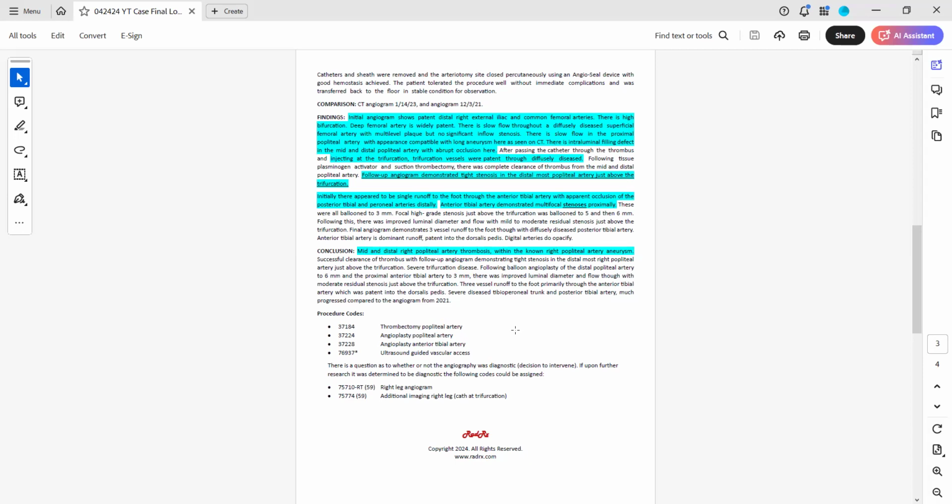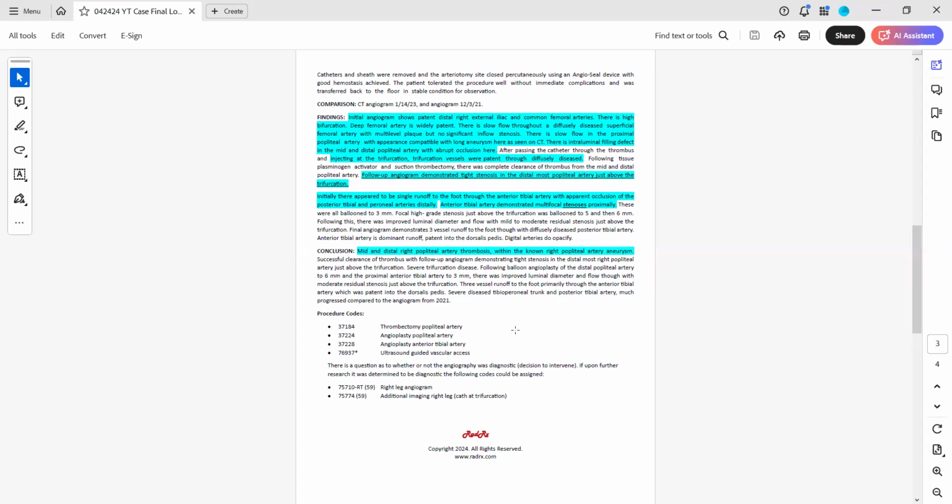So the first thing that we want to look at in determining whether or not we're going to consider adding our diagnostic imaging codes, the 75710, the 75774, is do we have findings for these arteriograms that were performed? So when we look at the actual findings section of the report, we do see that that initial angiogram is showing the findings from that angiogram that occurred.